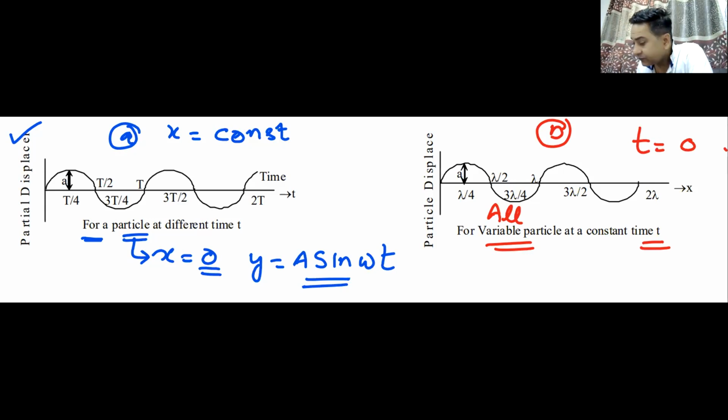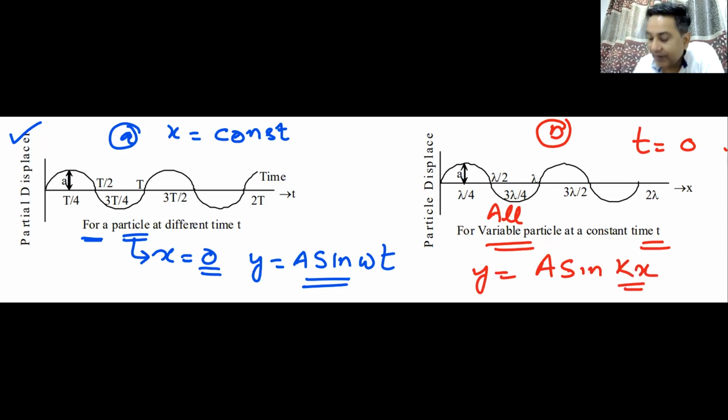If I put time t as 0, and I've assumed that the equation is omega t plus kx, then I can write the equation as y is equal to a sine kx, and remember, I have put the value of time as 0.